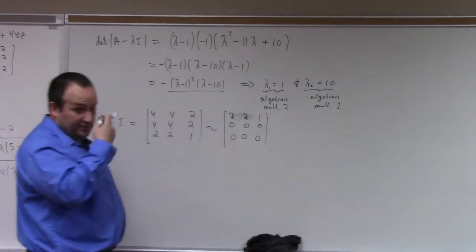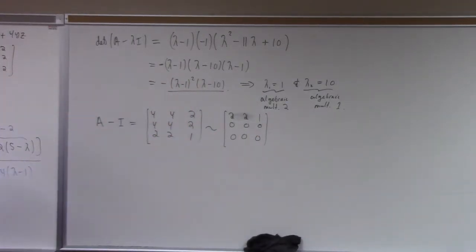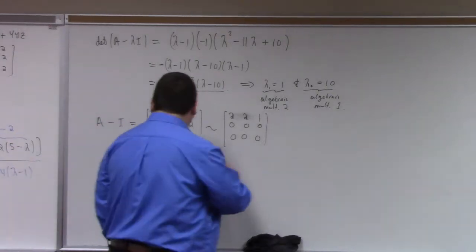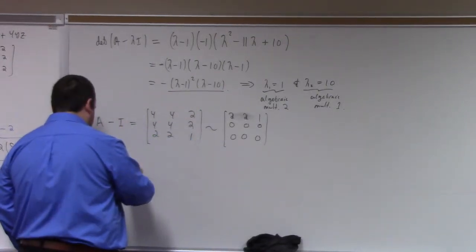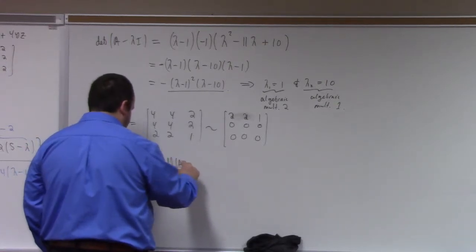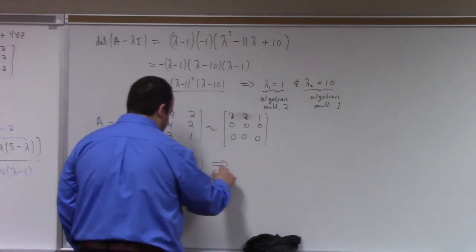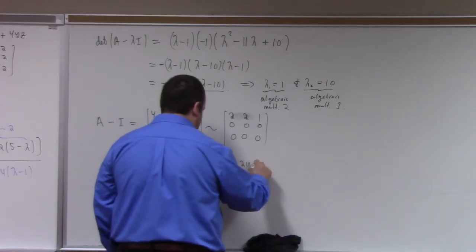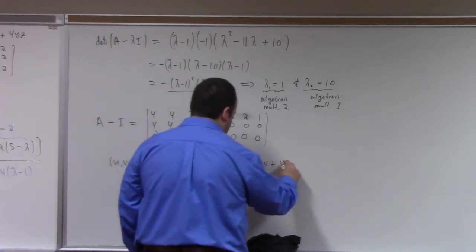Right? So there's really only one equation here. If we let (U, V, W) be an element of the null space of A minus I, what's that tell us?